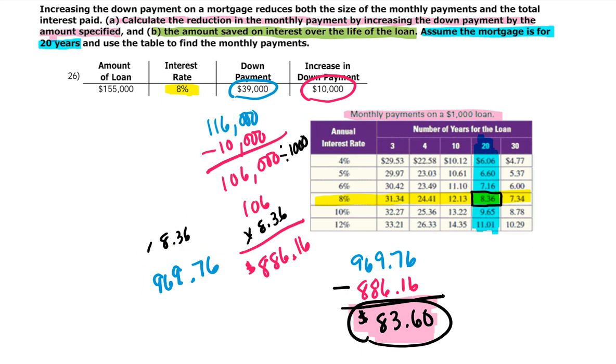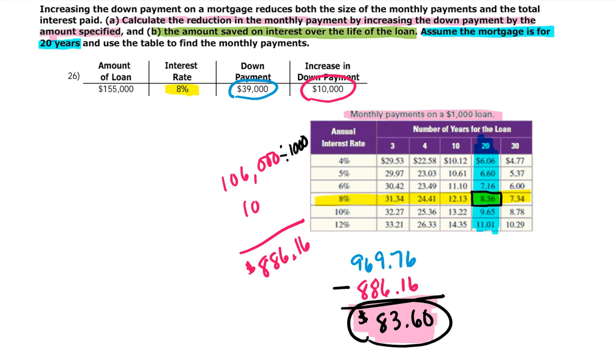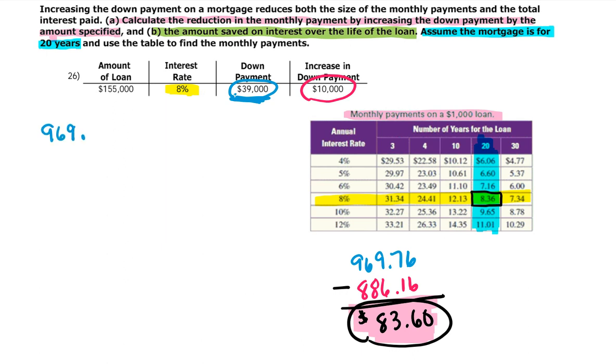Okay, so you have to take your monthly payments, and I'm going to leave the final step there. When you did this one here, you're paying $969.76 a month, right?